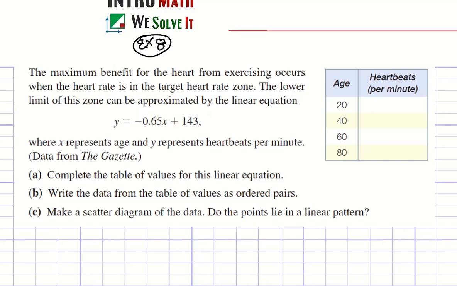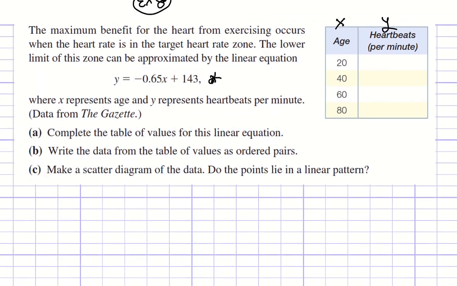So the table of values gives you a value of x, and it's telling you to find the value of y. Notice that this is a linear equation in two variables. One variable, x, is given, and they want you to find y. That's all that means.